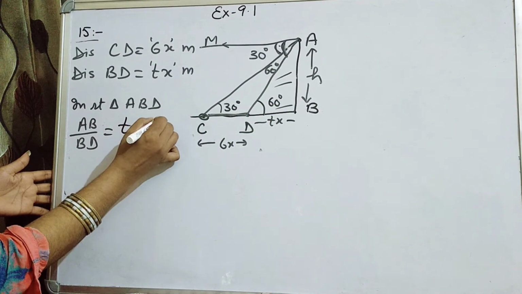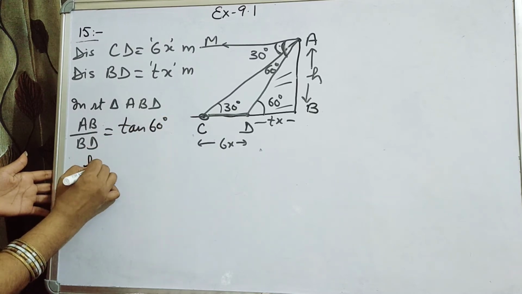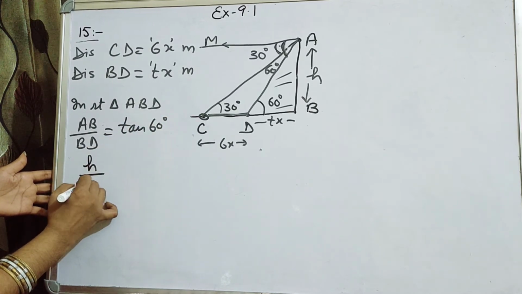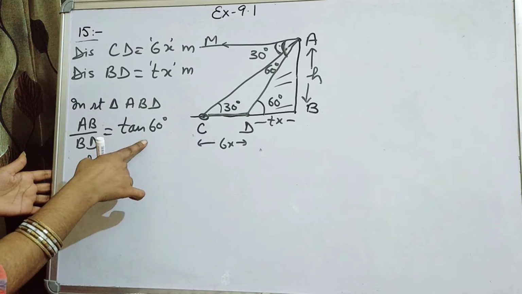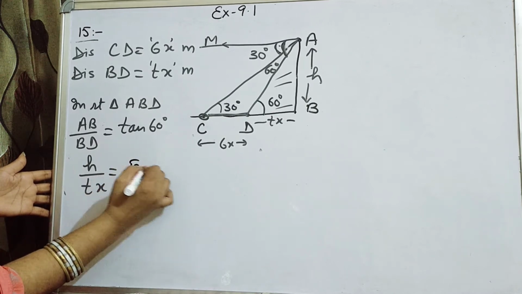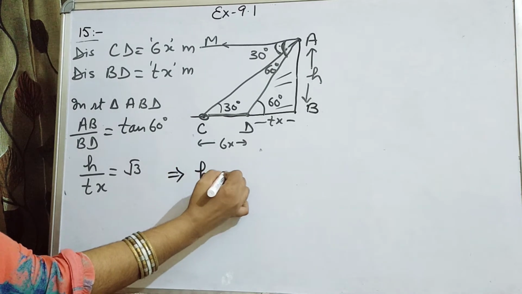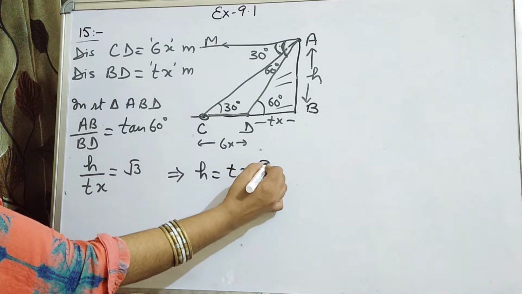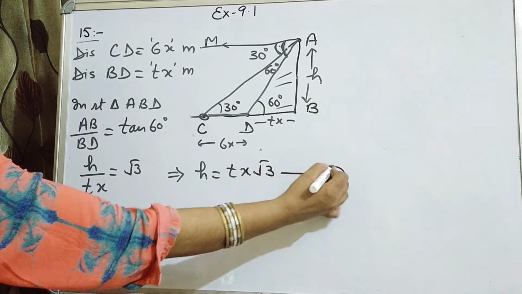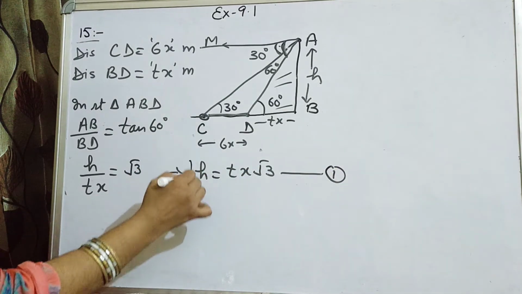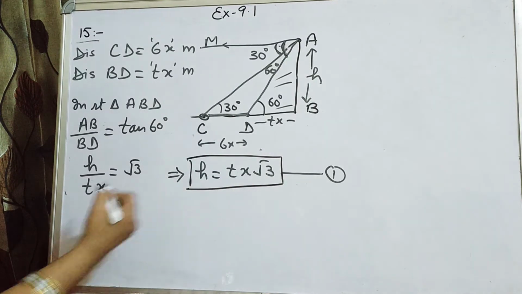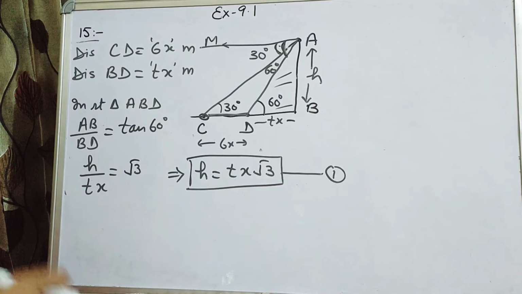This is tan 60. So AB is H, BD is Tx, and tan 60 is root 3. So from here we get the value of H as Tx into root 3, and this is our first equation. So from the first equation we have the value of H in terms of T and X.